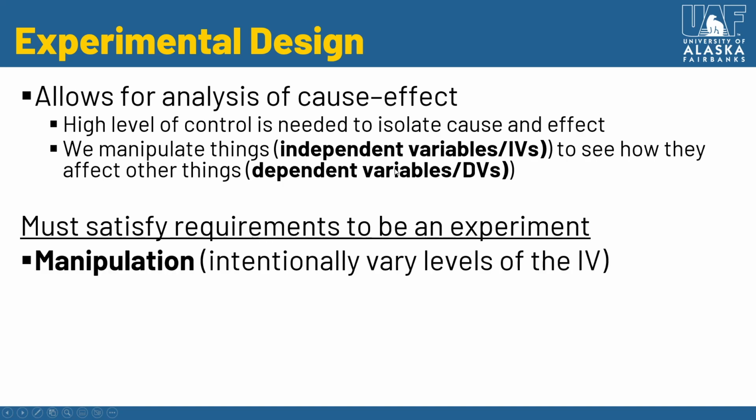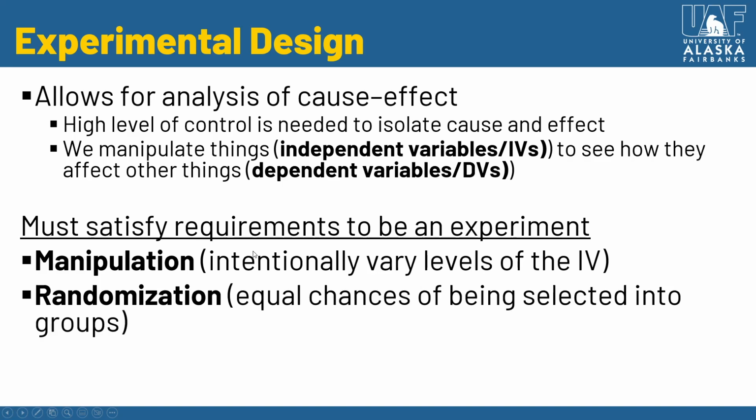So some requirements to be an experiment: manipulation, right? So we're varying the independent variable. I might give people 10 milligrams of melatonin, 5 milligrams of melatonin, and no melatonin, right? So I might put them in different groups that way. Randomization, right? So there are different groups, but there's an equal chance of being selected for any of those groups, right?